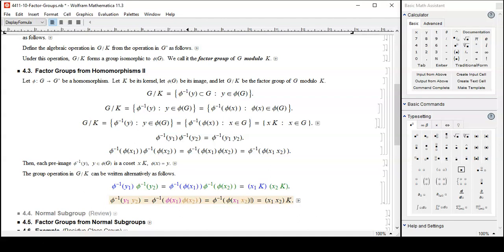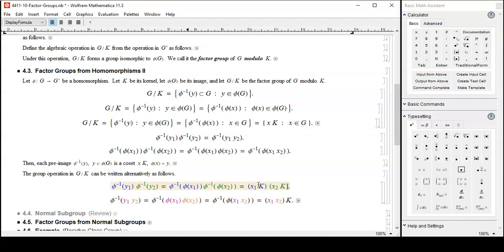And what do I end up with? The preimage of the function value, so we get x1x2K. This operation, purple times brown, K. So what do you get?